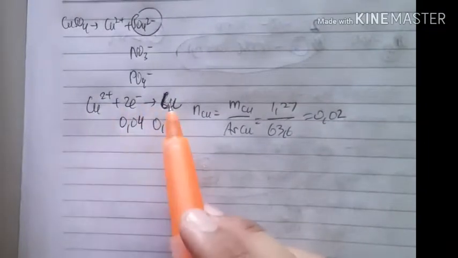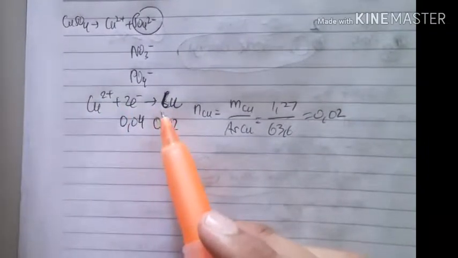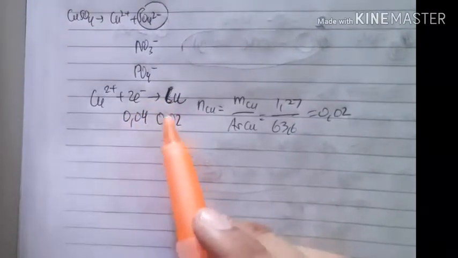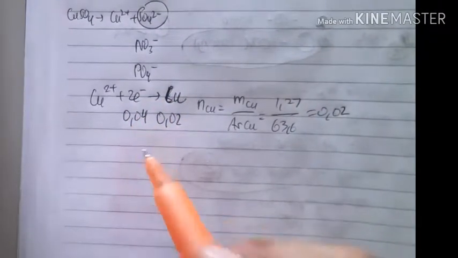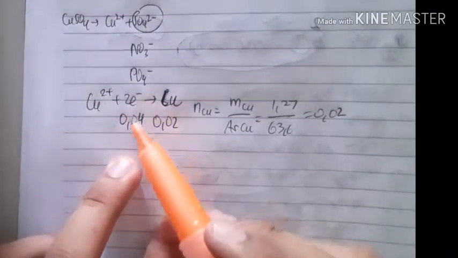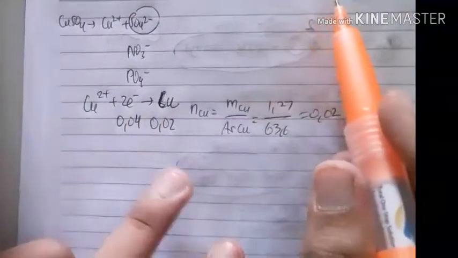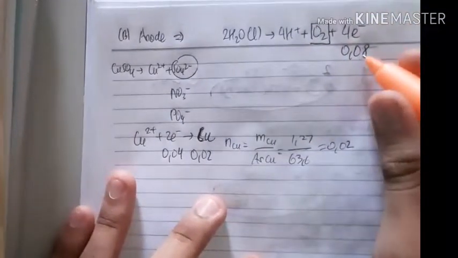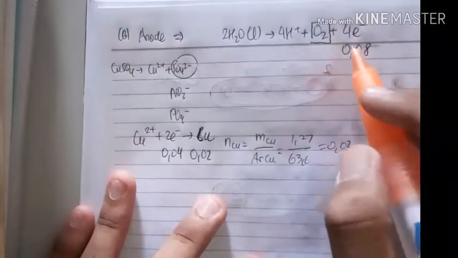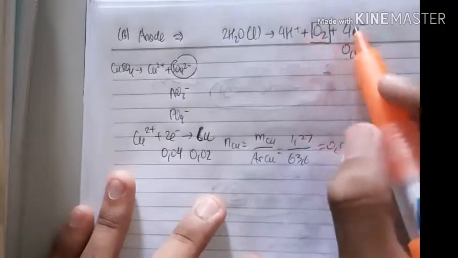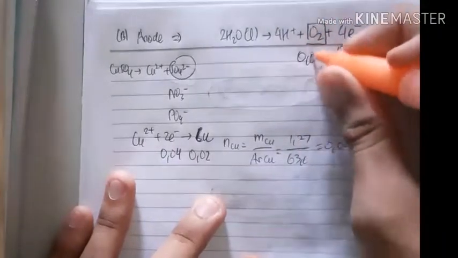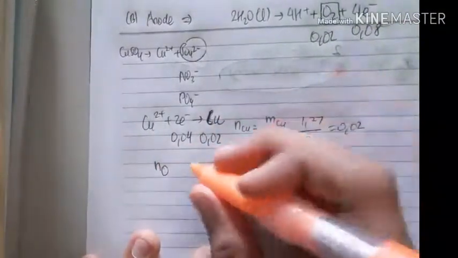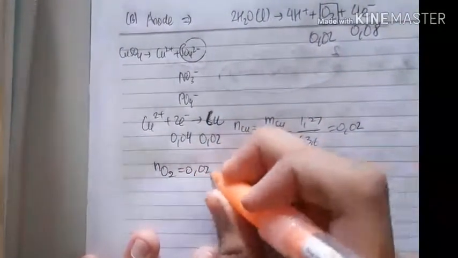Because in the reaction, you can determine the mole just by the ratio. This is 1/2, so the mole is also 1/2. So if 2 electrons is 0.04, then 4 electrons gets to 0.08 mole. And remember that the ratio is 1/4, so oxygen has 0.02 mole.